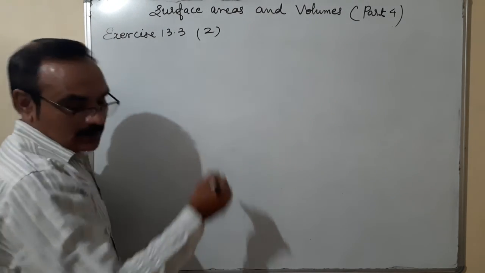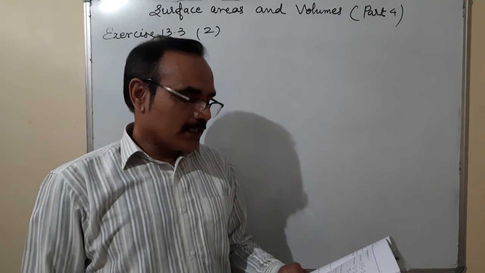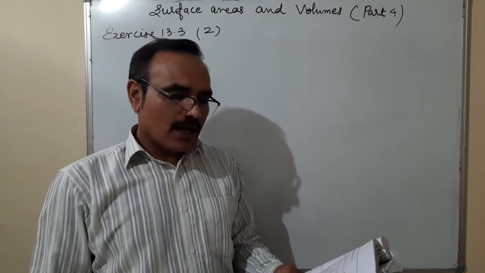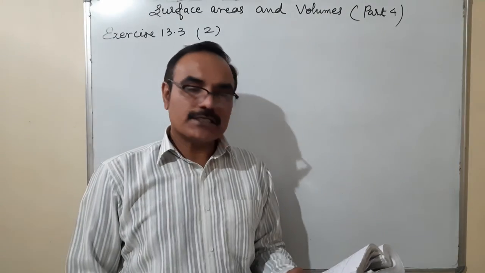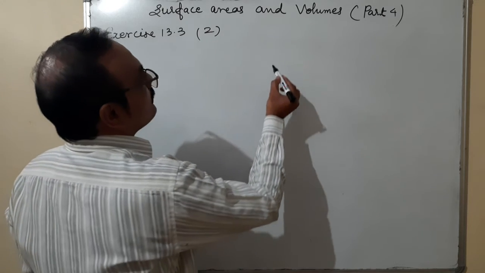After reading the question, I am making a diagram. Metallic spheres of radii 6 cm, 8 cm and 10 cm respectively are melted to form a single solid sphere. Find the radius of the resulting sphere. Metallic spheres of radii 6, 8 and 10.